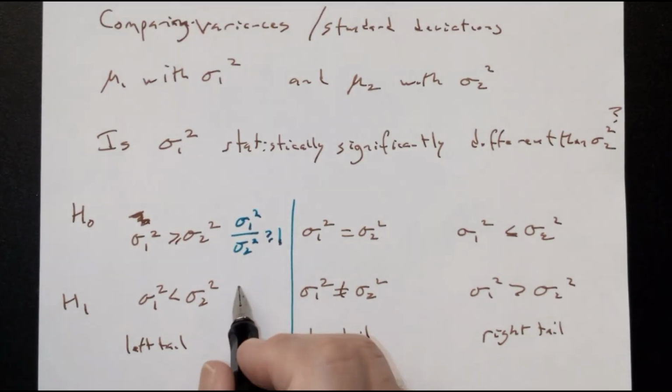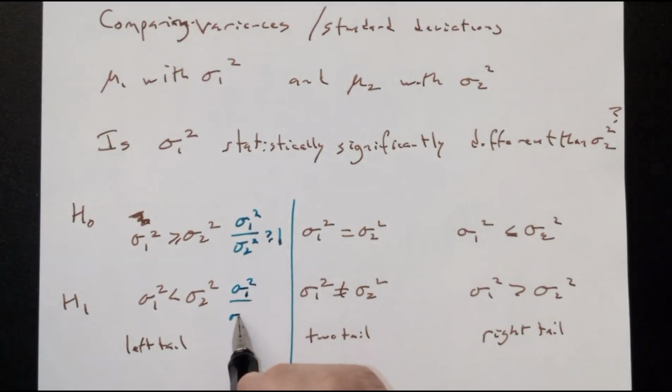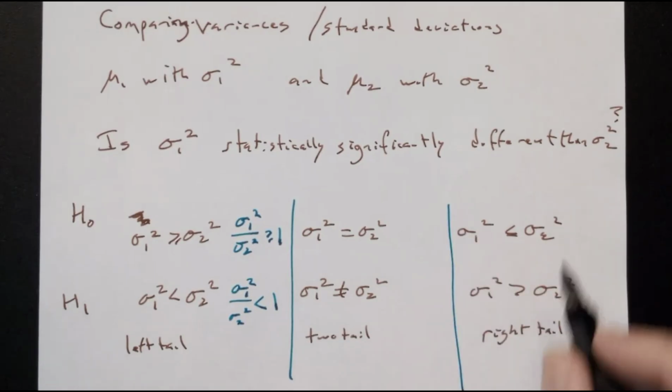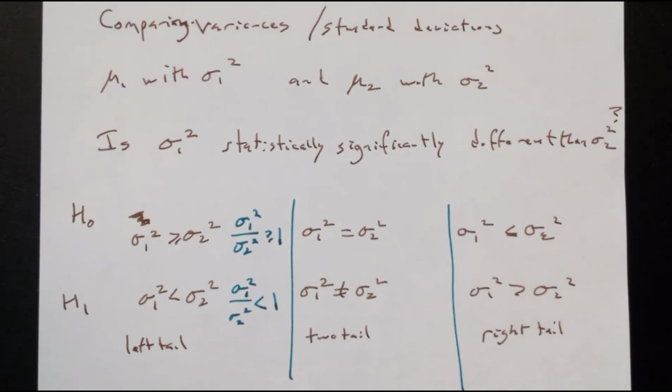And if I think of that here, it's sigma 1 squared over sigma 2 squared less than 1. Okay, I'm to the left of 1. That now makes that clear as a left tail test to me. And then here, the same thing. And here, the same thing. So if I switch these, instead of thinking of the two variances against each other, if I think of their ratio instead, I can compare to 1.